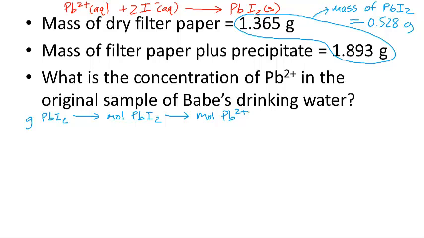That's going to be pretty straightforward because in the equation it's a 1-to-1 ratio. Most times with these precipitation reactions, you're going to end up with a 1-to-1 ratio, which makes life a little easier. And then we weren't asked about moles. We were asked about what? Concentration. So we're going to have to turn moles of Pb2+ into moles per liter of Pb2+.